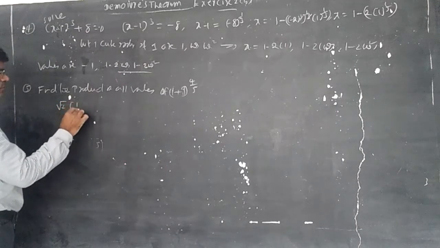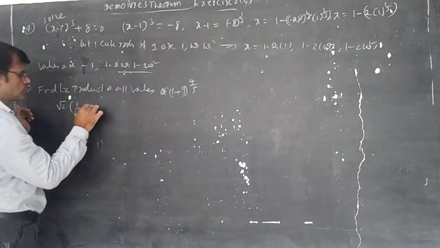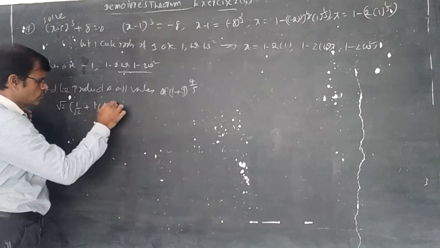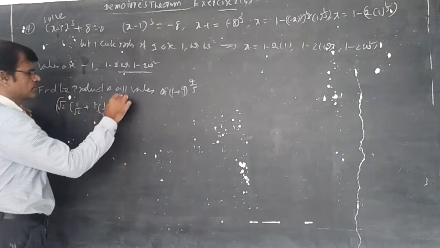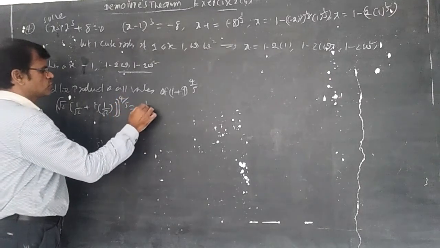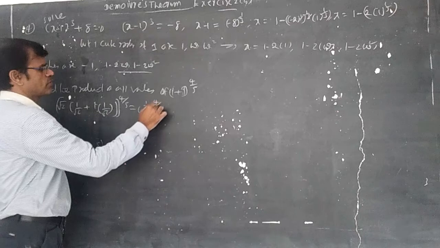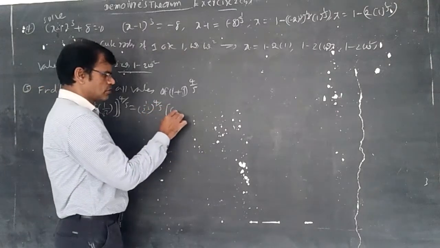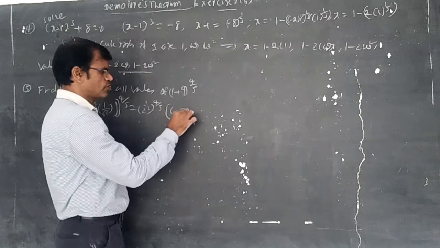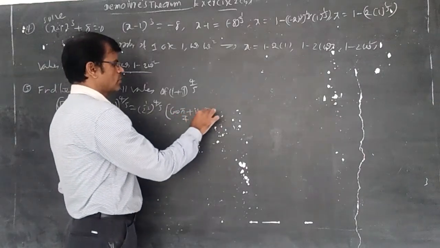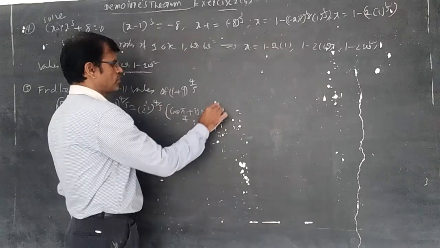Root 2 into 1 by root 2 plus i into 1 by root 2 whole power 4 by 5. This is 2 power 1 by 2 whole power 4 by 5 into cos pi by 4 plus i sin pi by 4 whole power 4 by 5.